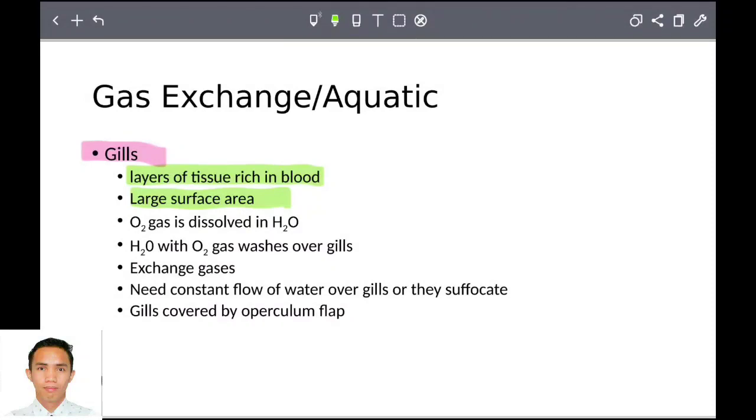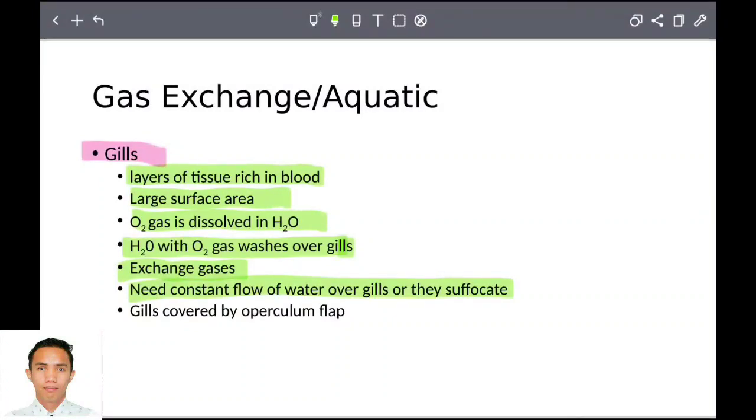Oxygen gas is dissolved in water, H2O. Water with oxygen gas washes over the gills, and then the gases are exchanged. They need a constant flow of water over the gills or they suffocate.